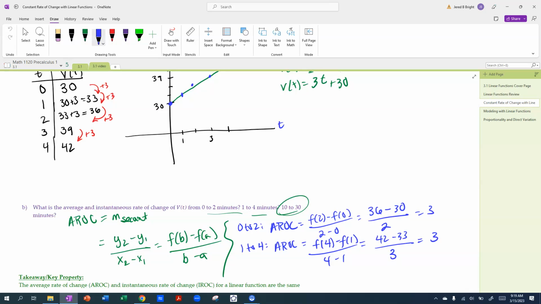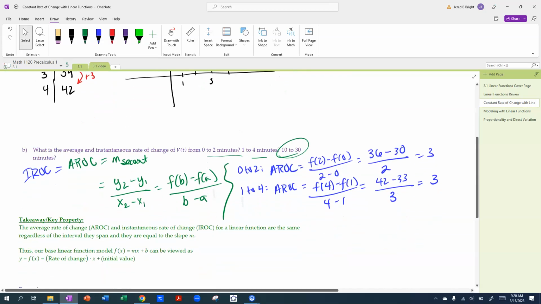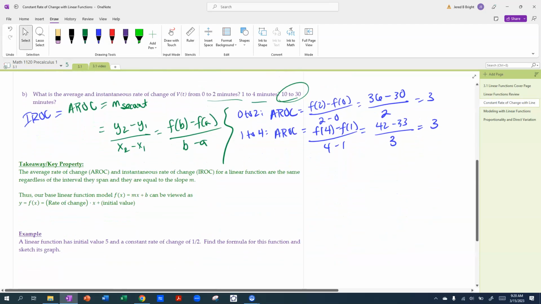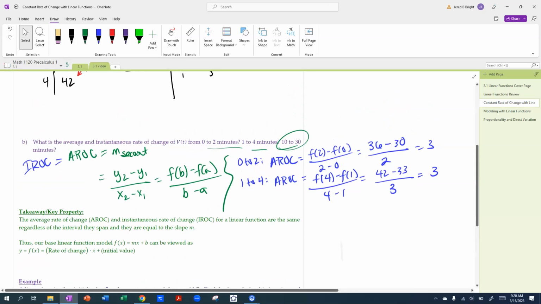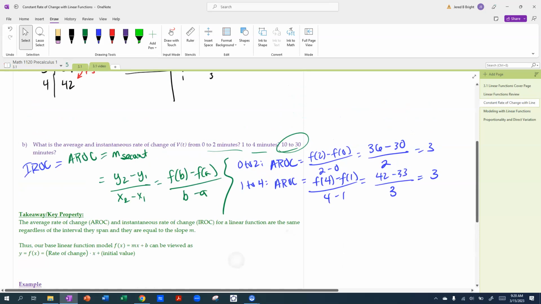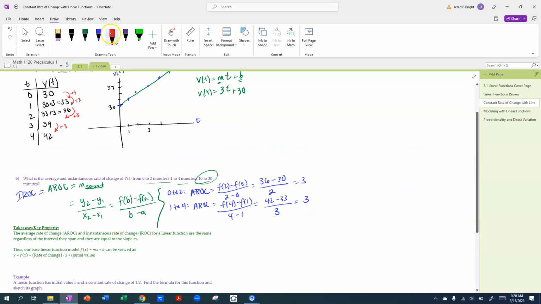And you could actually talk about instantaneous rate of change, how much it's changing at any given moment. For a linear function, instantaneous rate of change and average rate of change are actually the same. That's what we really want to take away from all this. And if you look at the value that we got for the average rate of change, that happened to be the slope.